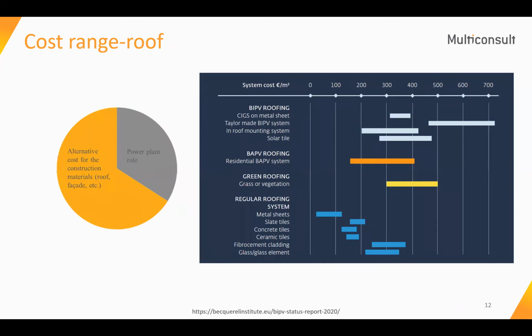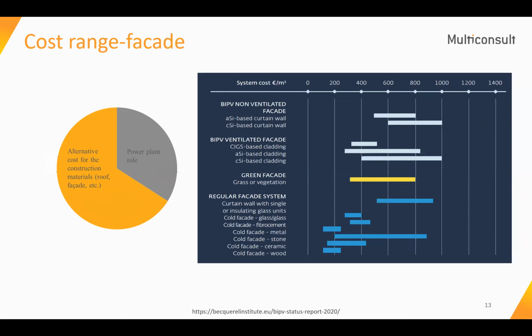And what is this initial investment? Just quickly, the system cost for BIPV roofing ranges from 200 euros to 400 or 500 euros, while the traditional material costs from 100 to 200. And when it comes to the BIPV facade, the regular or traditional facade element costs something from 200 to 400, and the BIPV facade costs from 400 to 800.